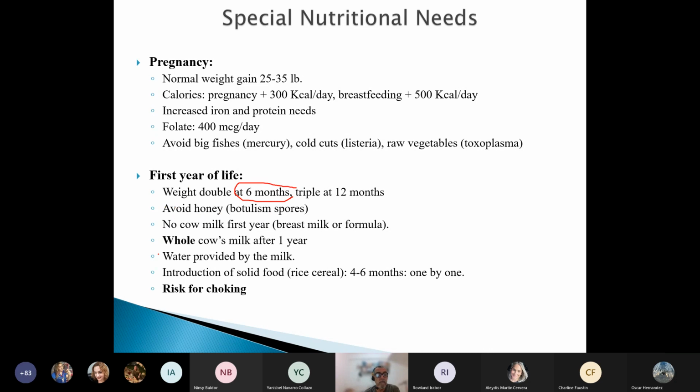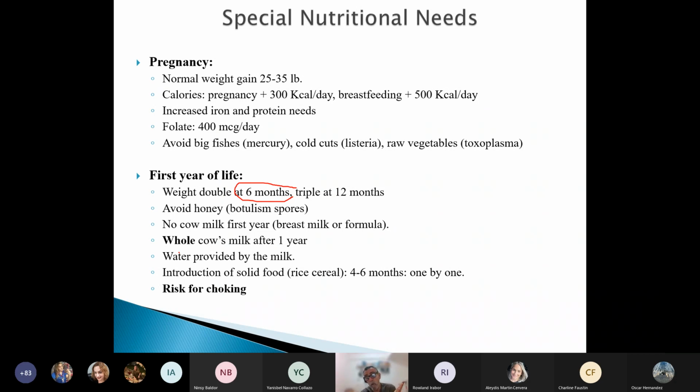Remember that in the first year of life, no cow milk, no any animal milk, only human milk or formula. Formula is an artificial milk that mimics the concentration and the content of the human milk. So no problem between them. Both are good. Formula and breast milk are the same for the baby from the nutritional point of view.